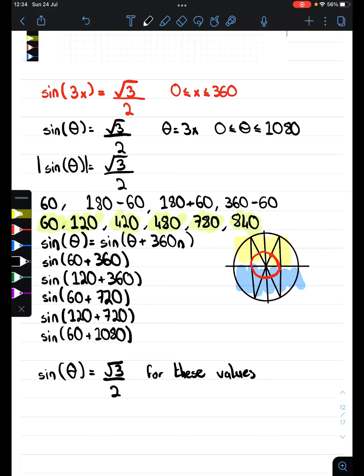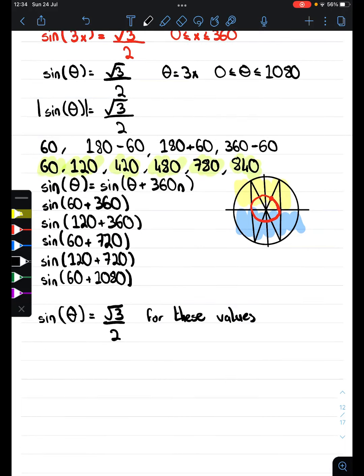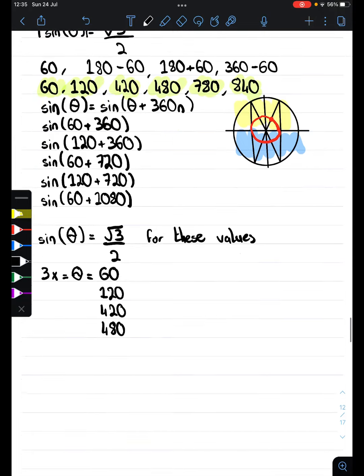And we know that theta equals 3x. So 3x equals theta equals 60, 120, 420, 480, 780, and 840.